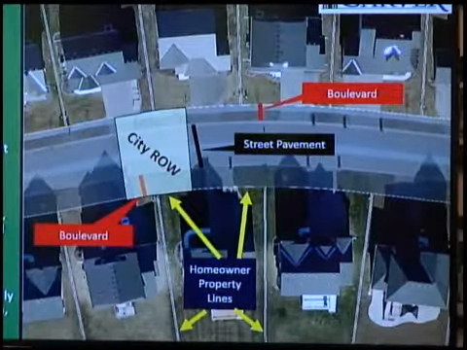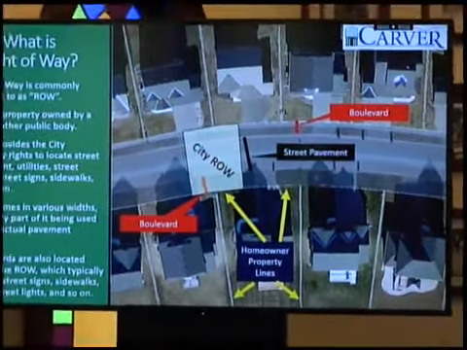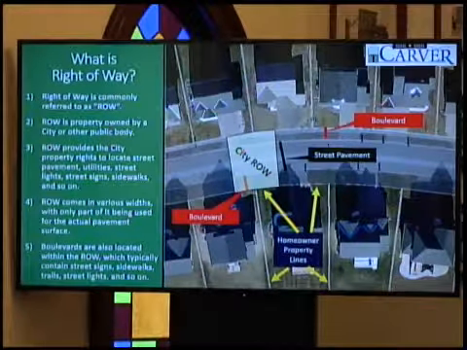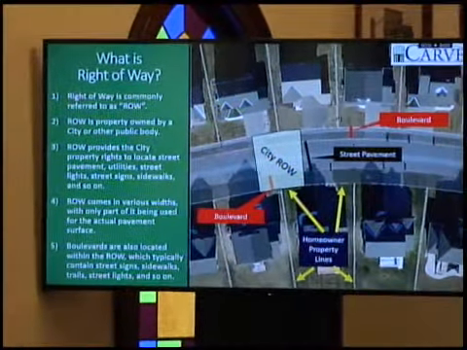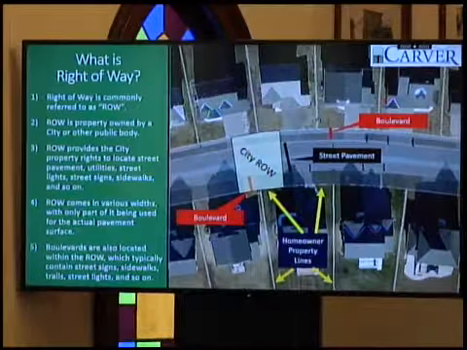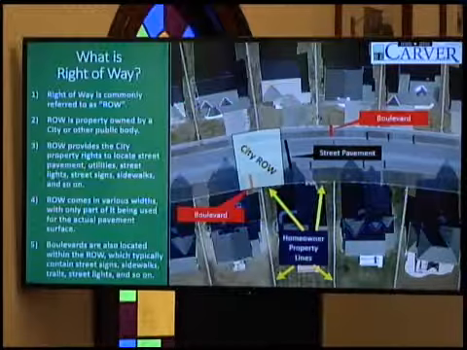So it's property that the city owns, but I think the issue is, as you can see on the screen, a homeowner's property lines will go up to the right-of-way, but as you can tell from that aerial, the right-of-way extends into what someone would commonly think of as their yard.